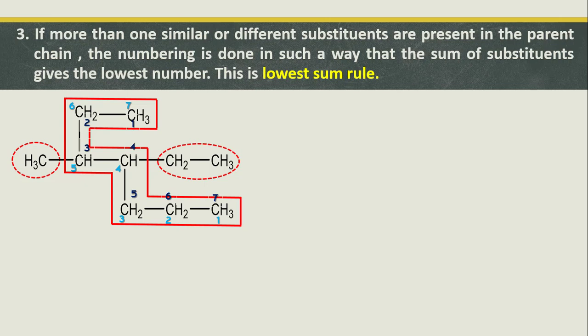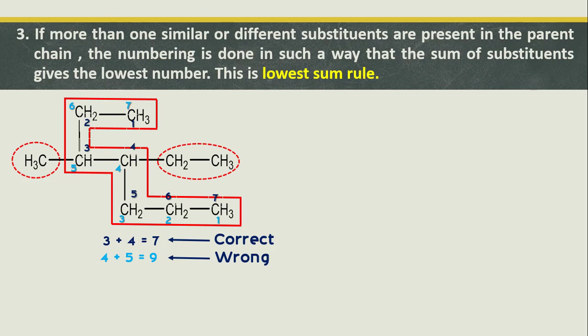However, we have to see the sum of the substituents. The methyl group lies on the third carbon atom, whereas the ethyl group lies on the fourth carbon atom, which gives a sum of 7. However, another numbering is done from the back end. Here, the methyl group lies on the fifth position, and the ethyl group lies on the fourth position, which gives a sum of 9.